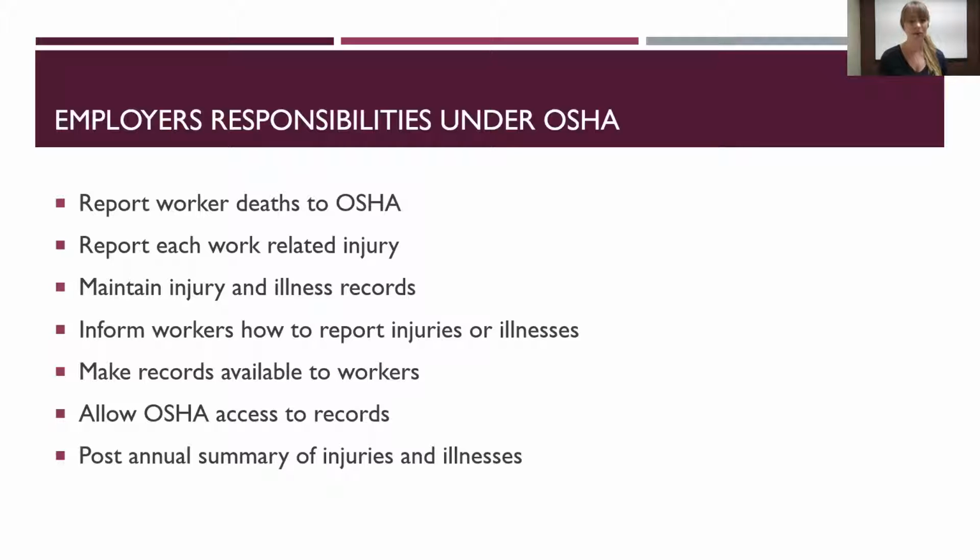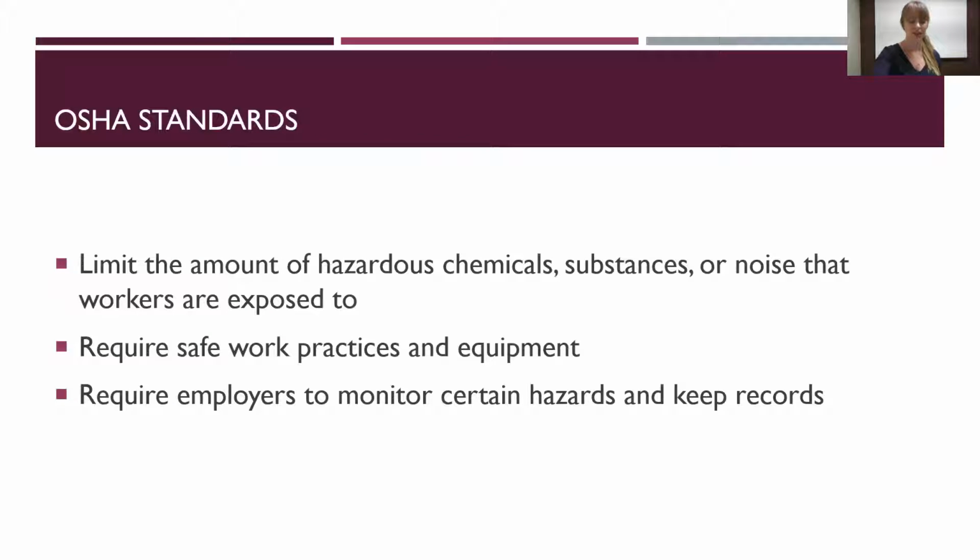They must report worker deaths to OSHA, report each work-related injury, maintain injury and illness records, inform workers how to report injuries or illnesses, make records available to workers, and allow OSHA access to their records. Also, a post-annual summary of injuries and illnesses needs to be provided to OSHA.